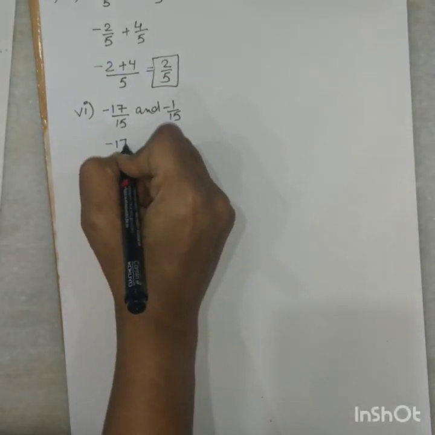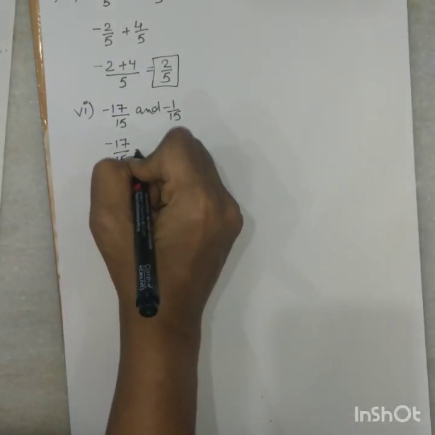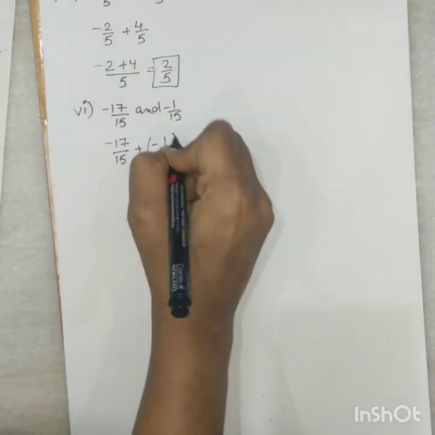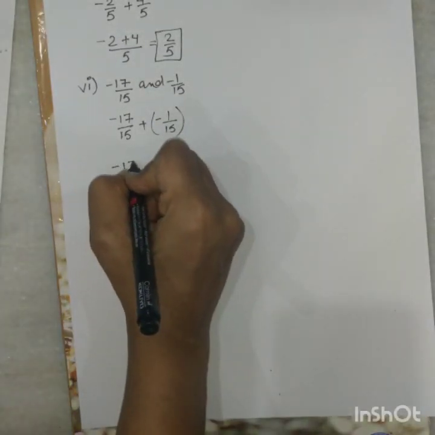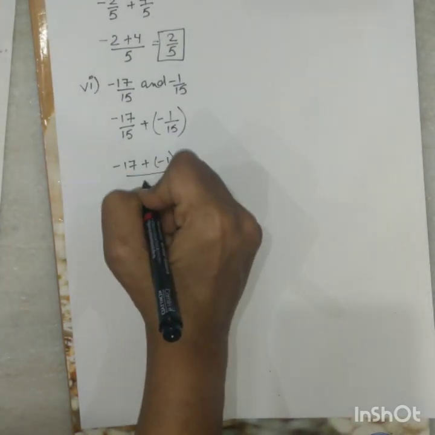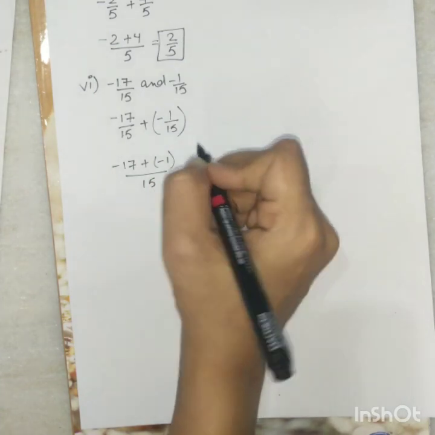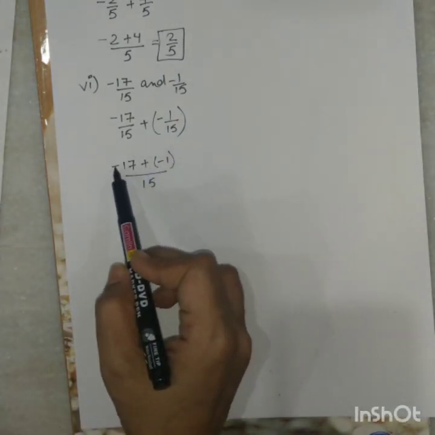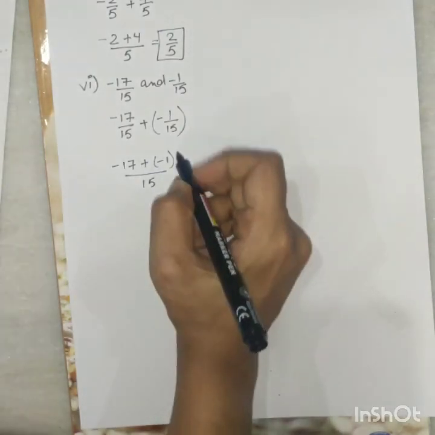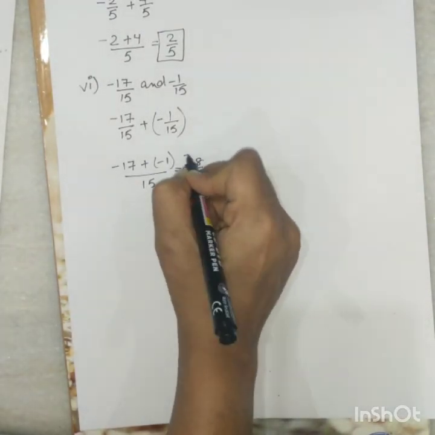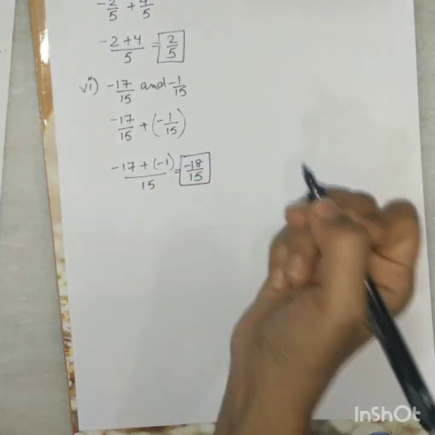So I'll put the sign as usual, plus, you can put a bracket if you want so that you don't get confused. Now minus 17 plus bracket minus 1 with a common denominator 15. Now we know plus minus will be minus only. So minus 17 minus 1 will be minus 18 upon 15, and that is your answer.